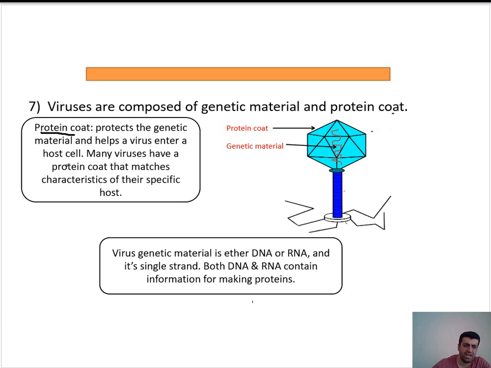Many viruses have a protein coat that matches the characteristics of a specific host. Virus genetic material is either DNA or RNA, and it is a single circle. Both DNA and RNA contain information for making protein.